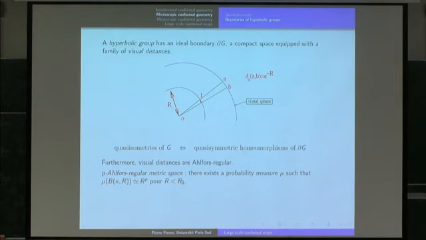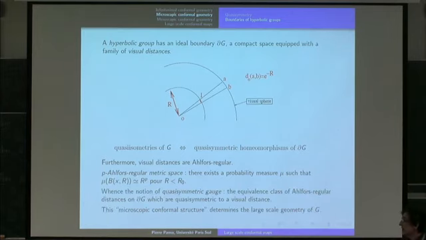This quasi-symmetric geometry is convenient, has tools, and is rather rich, so the traditional terminology is to speak of a quasi-symmetric gauge. I think this was introduced by Bourdon. The quasi-symmetric gauge is an equivalence class of distances which are Ahlfors regular.